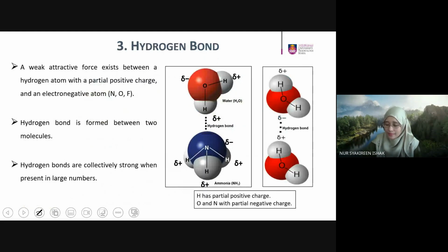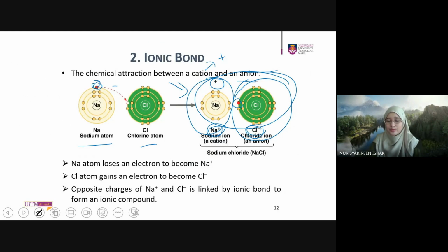Okay, so let me show you. Sodium is positively charged, and the water molecule has a shape like this, right? Oxygen is negatively charged, so the water molecule will surround the sodium ion.